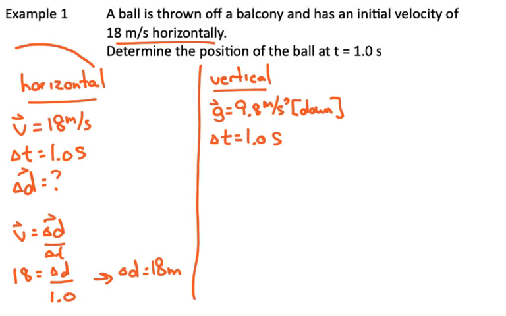Has nothing to do with the vertical. We do, however, know the VI of this vertical motion. And if this ball is thrown straight horizontally, its initial downward motion is 0. And what we're trying to solve for is the displacement vertically. So again, keeping the vertical and horizontal separate from each other is key.